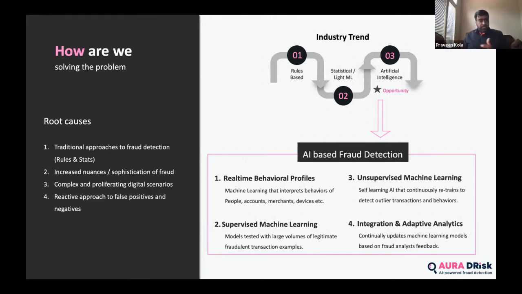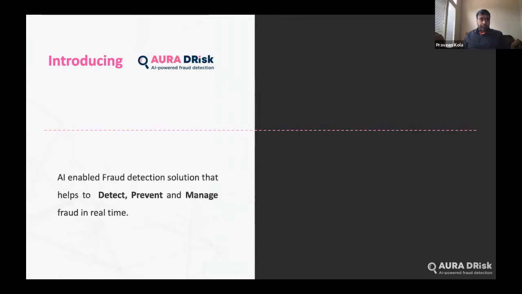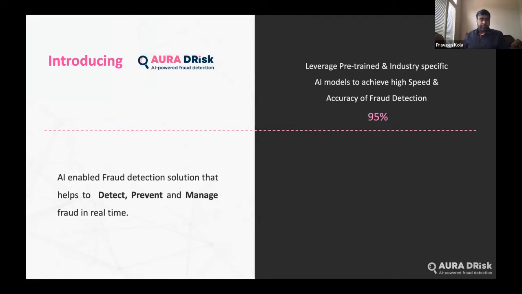In this journey, we introduced DRisk, which is our SaaS product, which has been in the marketplace for more than 12 months and has been time tested with various industry scenarios. This product helps to detect, prevent, and manage fraud in real time. While the fraud is happening, it can actually detect it.